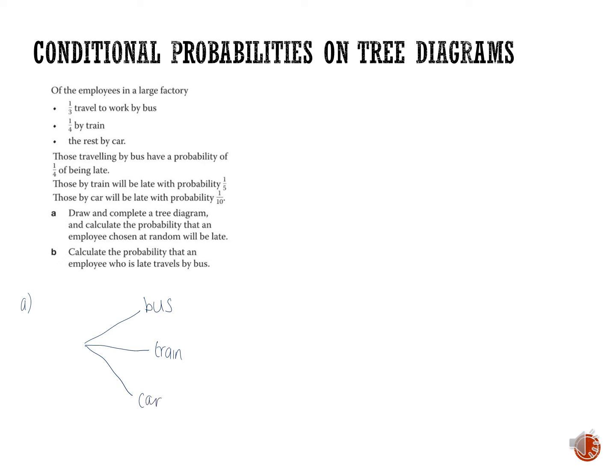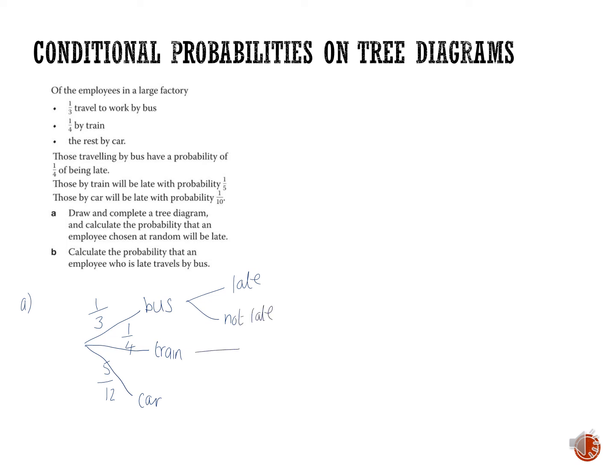Remember what we do? We write the probabilities on the branches, 1/3, 1/4. Pop it in your calculator if you can't do that in your head. We do 1 minus 1/3 minus 1/4, so that gives us 5/12. Off of each of these, they can either be late or they can be not late.